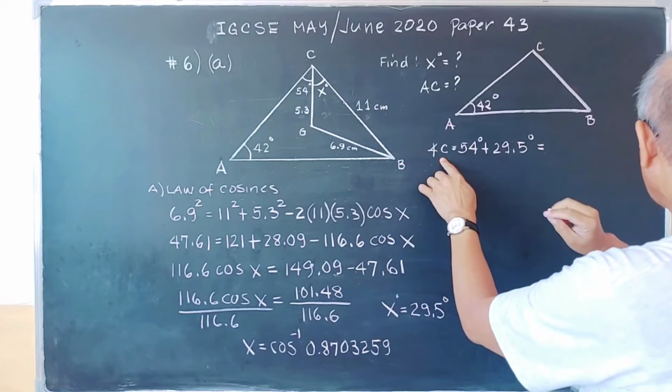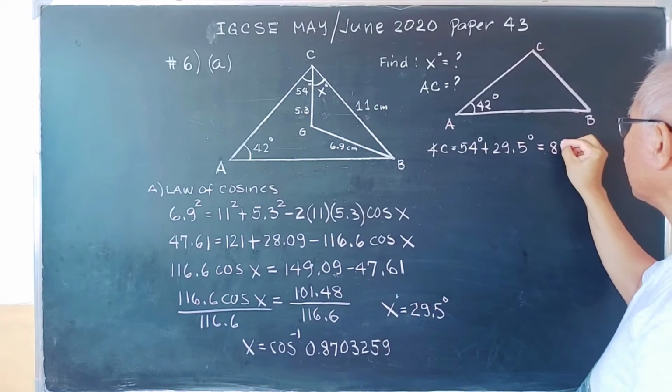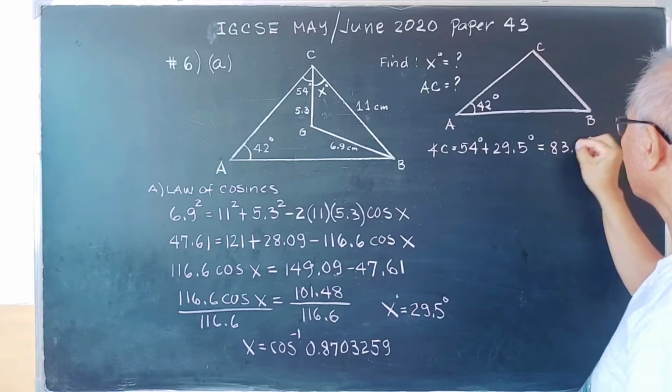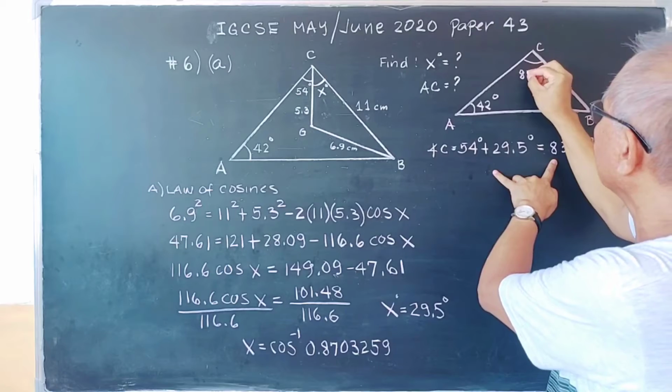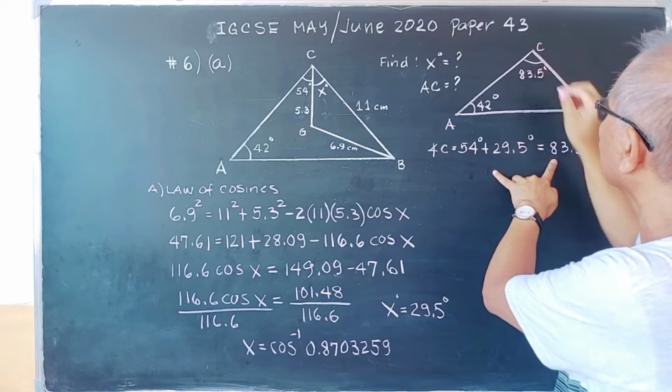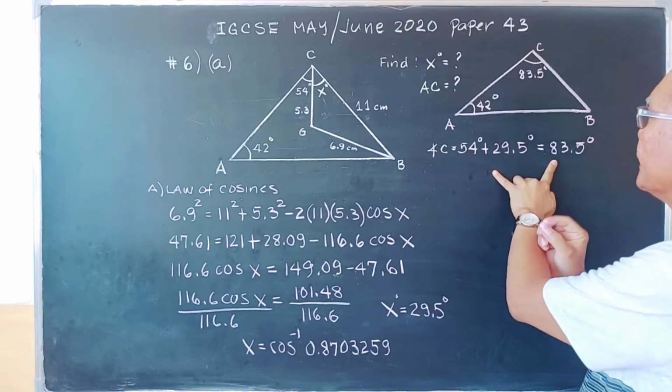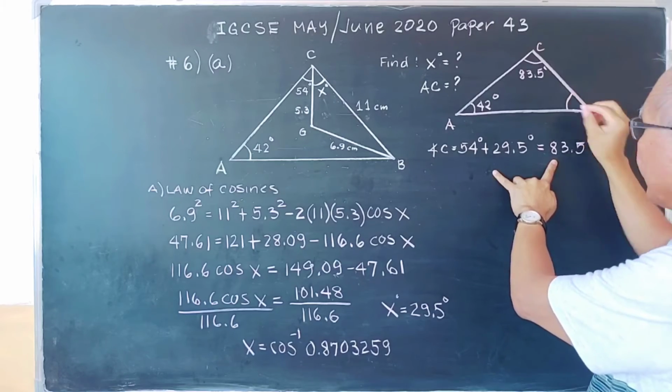So our angle C is 83.5 degrees. Now we have to find angle B.